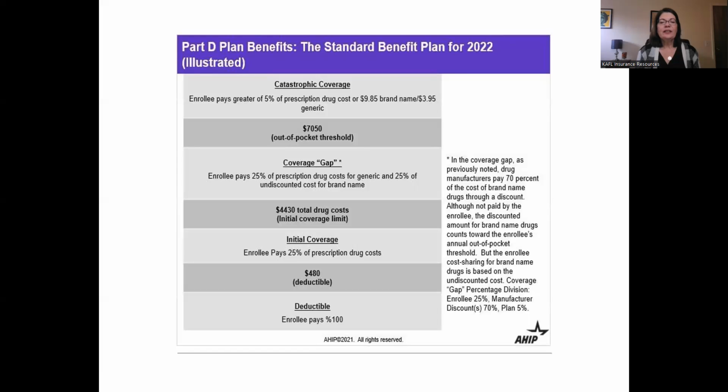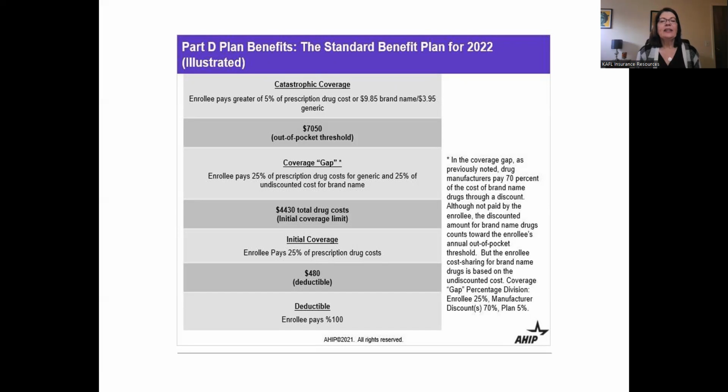So they've paid their deductible, probably on the higher tiers, 3, 4, and 5 drugs. And then they go into that initial coverage phase, which is the third section from the bottom. And then the enrollee pays 25% of the prescription drug costs until $4,430 has been paid.